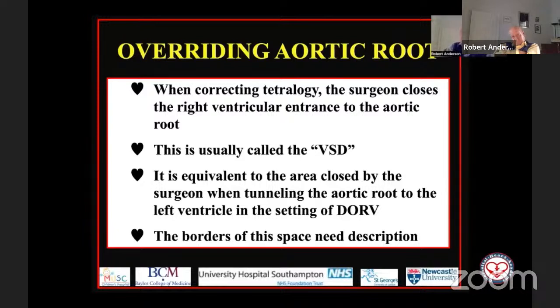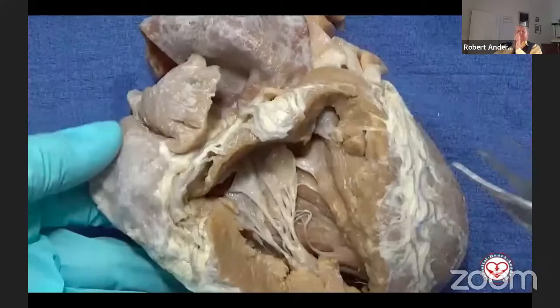So now we're going to look at that space, and Diane is going to show you this space in two particular settings. In one we have a perimembranous defect, but then in another heart with tetralogy of Fallot, in which we have a muscular malalignment outlet defect. But remember, it is the right ventricular entrance to the space that is subtended beneath the overriding aortic root.